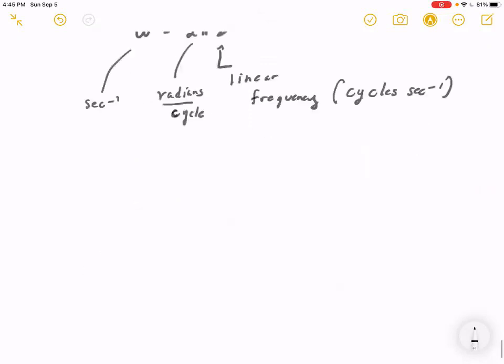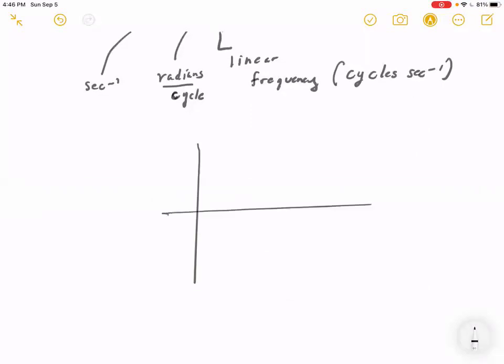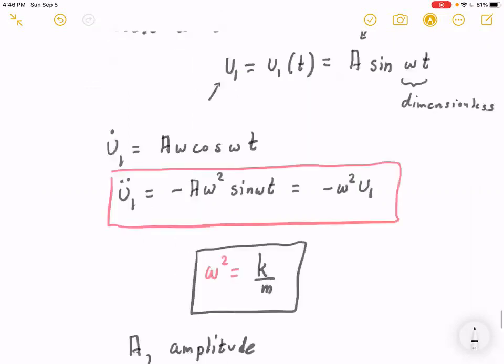And now I can plot a picture of what this simple harmonic oscillator is actually doing. At time equals 0, here is u of t, so here's my solution.